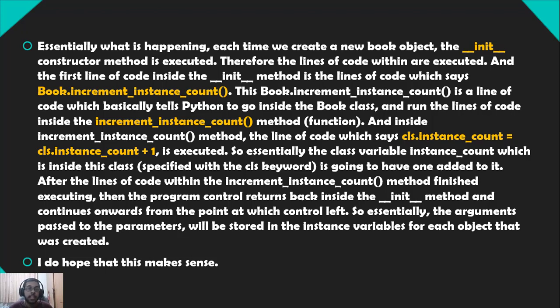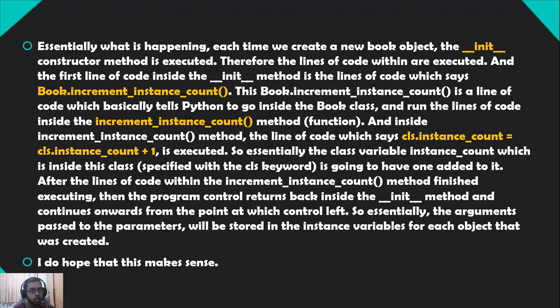And inside the incrementInstanceCount method, the line of code which says cls.instanceCount equals cls.instanceCount plus 1 is executed. So essentially, the class variable instanceCount, which is inside this class specified with the cls keyword, is going to have 1 added to it.